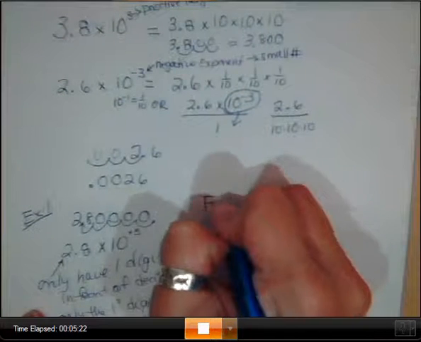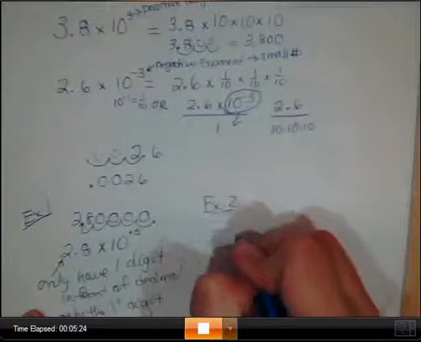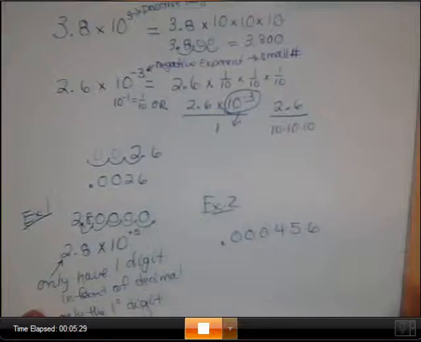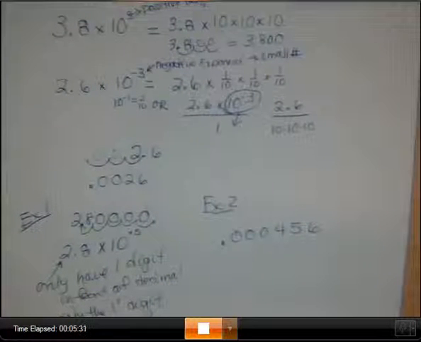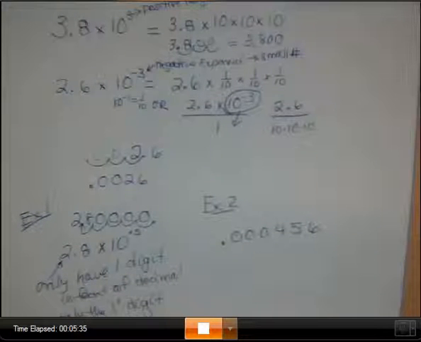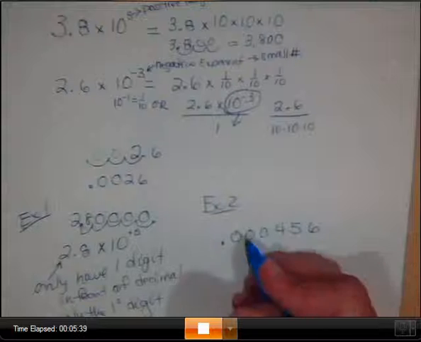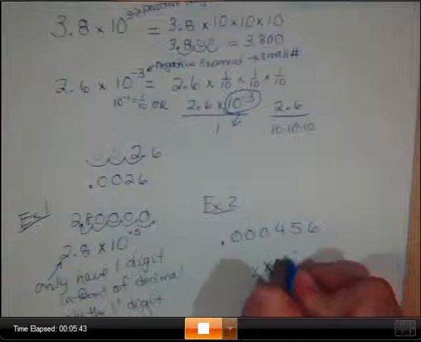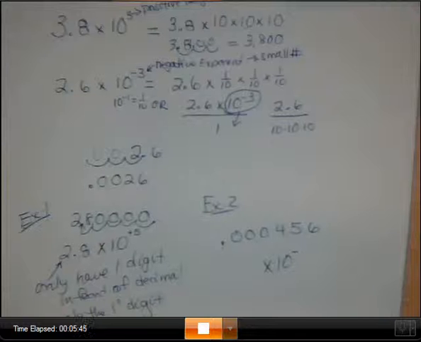So I'll do one more example. If I had 0.0004556, now you're only allowed to have one non-zero digit in front of the decimal. First of all, this is a very small number, so I know it's going to be 10 to the negative something.